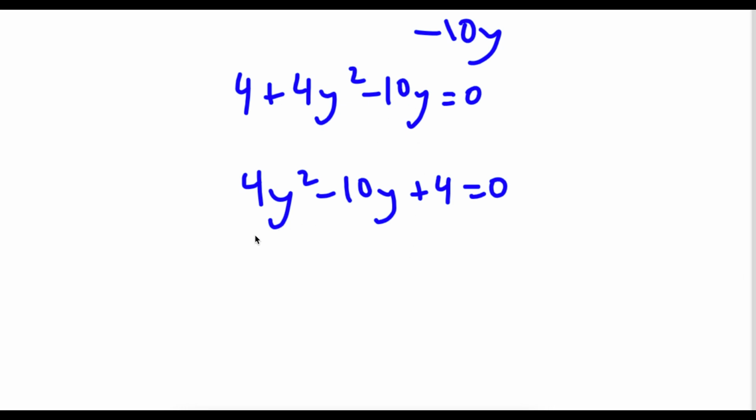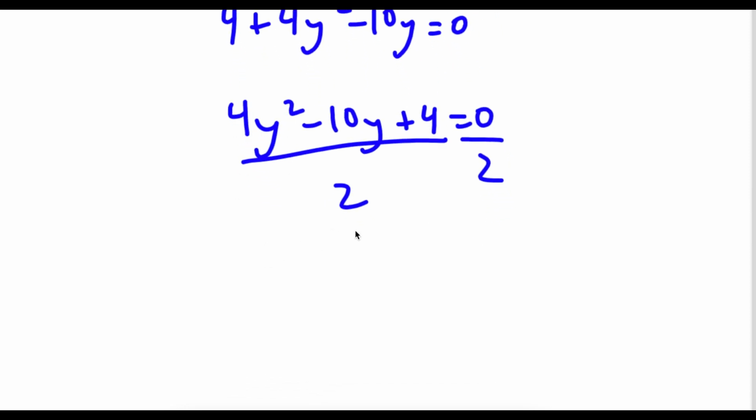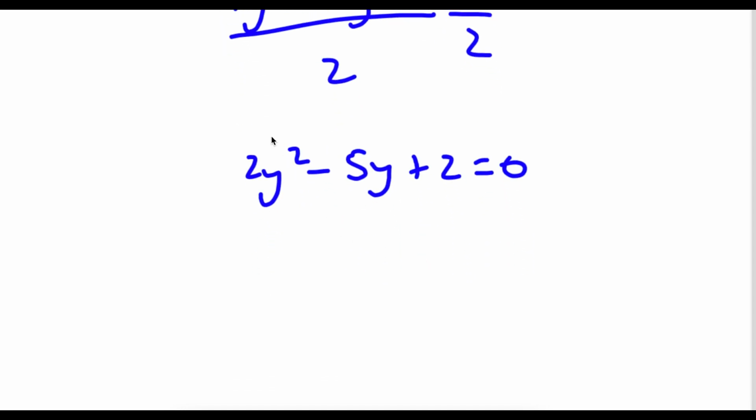Now, I can divide both sides by 2. So 4y squared divided by 2 is 2y squared, minus 10y divided by 2 is 5y, plus 4 divided by 2 is 2. This is equal to 0. Now, I have to find two numbers with the product of 2 times 2, which is 4, and with a sum of negative 5.